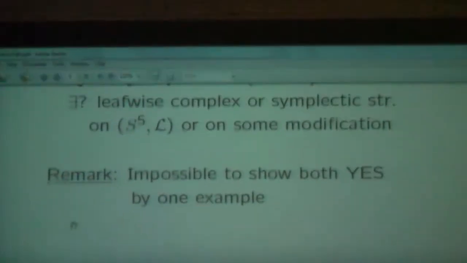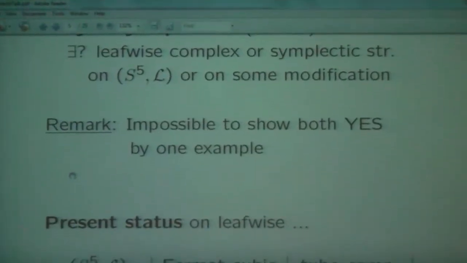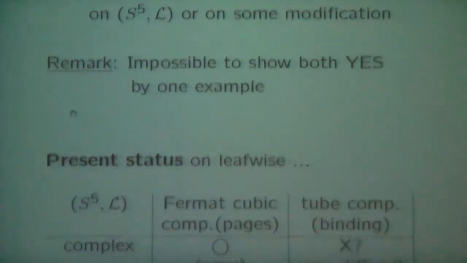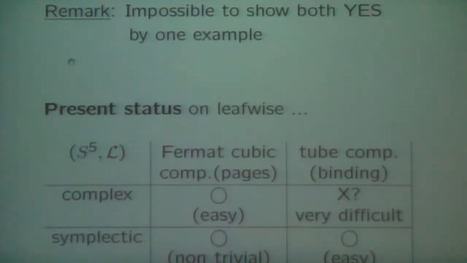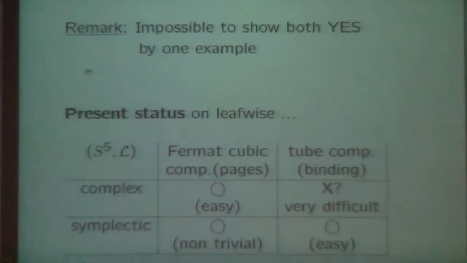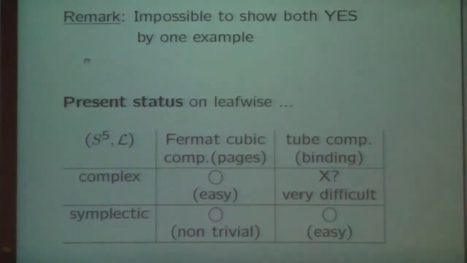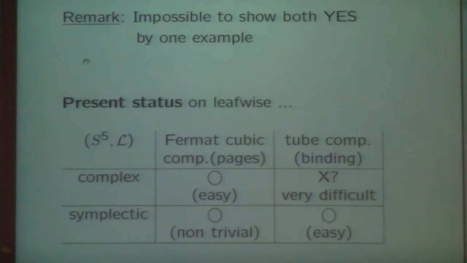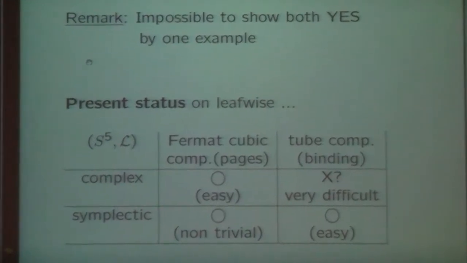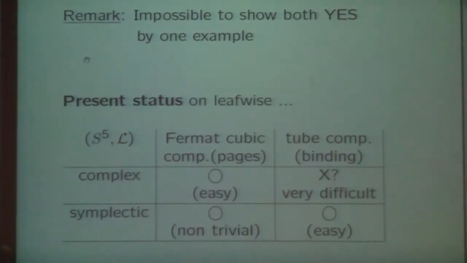Because, as I told you, the common boundary is the Kodaira-Thurston nilmanifold, which is not Kähler, if the answer is yes for both questions, you cannot solve them with only one example. You need two different examples to say yes for both.